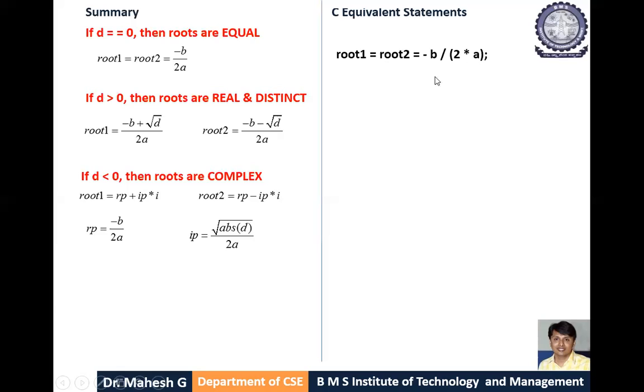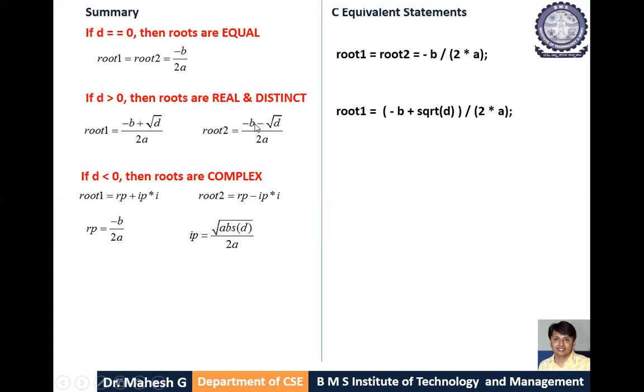Now, this expression root 1 is equal to minus b plus square root of d divided by 2a can be written as root 1 is equal to, the numerator is minus b plus, to find out the square root, we use the inbuilt function sqrt. Sqrt of d divided by 2 star a, and it is written in a single line.